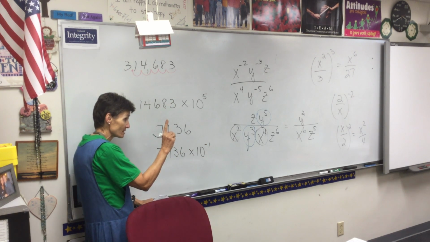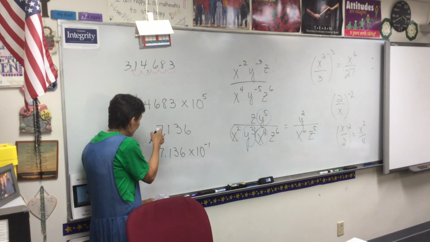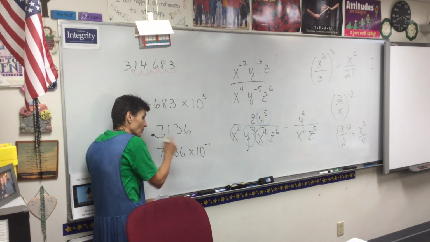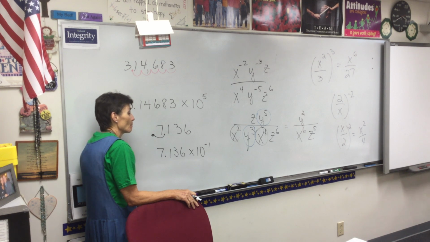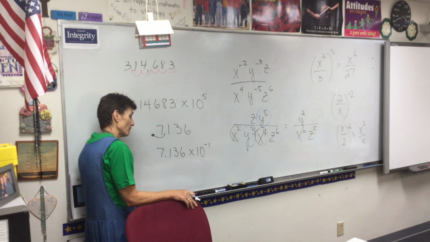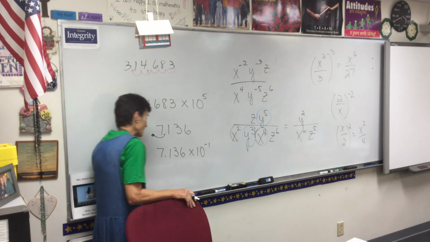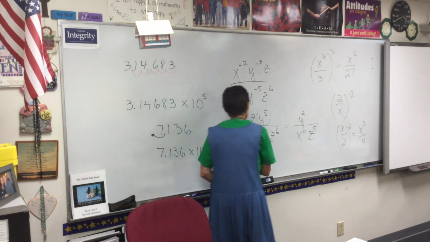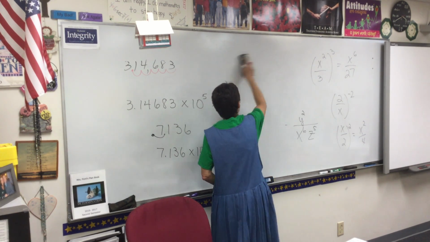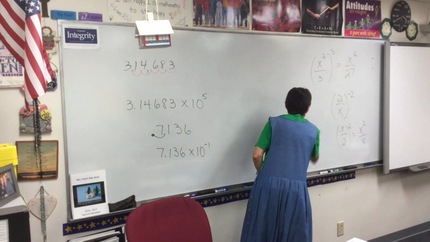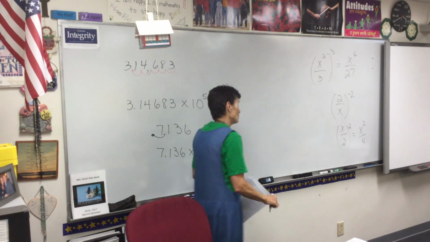Move it one place, it'll be -1 because that original number was small. So when you move it to the right, it becomes a negative. I prefer not to memorize rules like that because I get them all mixed up. So I just remember if I start with a big number, it's a positive exponent. If I start with a little number, it's a negative exponent. But yes, it's about moving right and left.